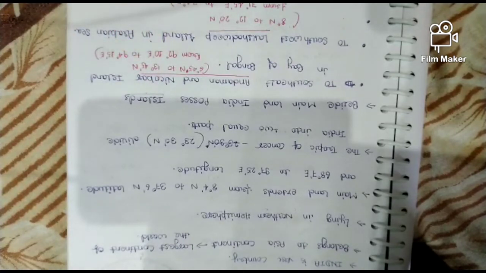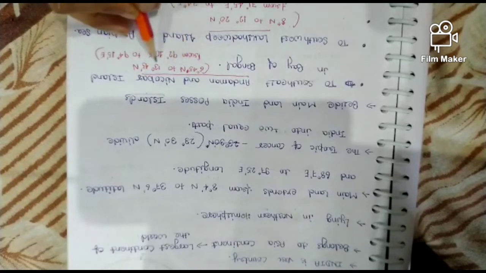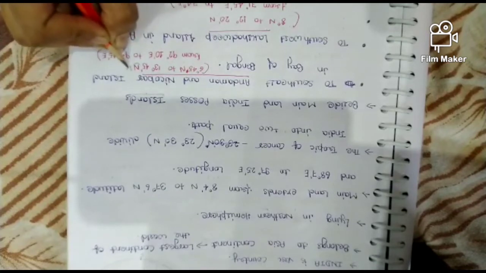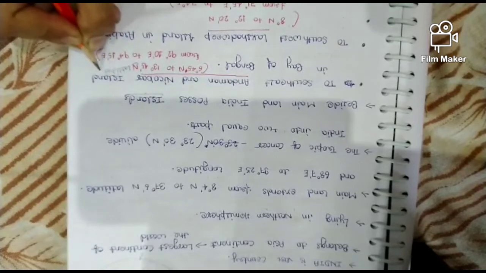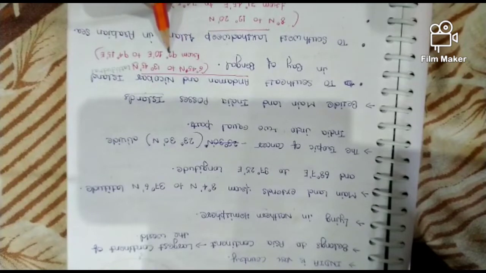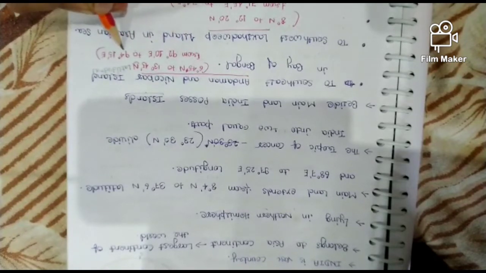The latitudinal extent of Andaman and Nicobar is 6 degree 45 minutes north to 13 degree 45 minutes north, and the longitudinal value is 92 degree 8 minutes east to 94 degree 15 minutes east.